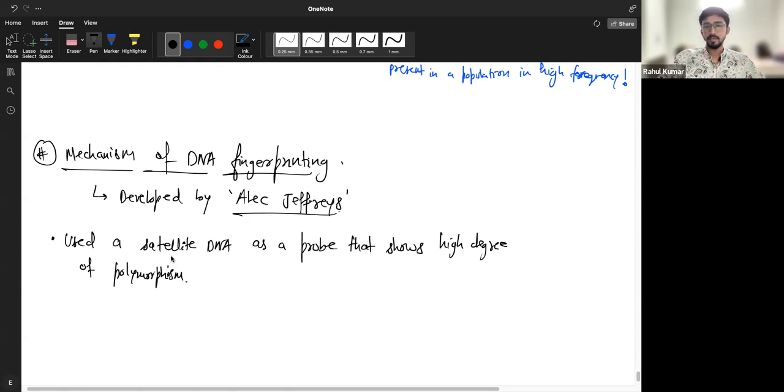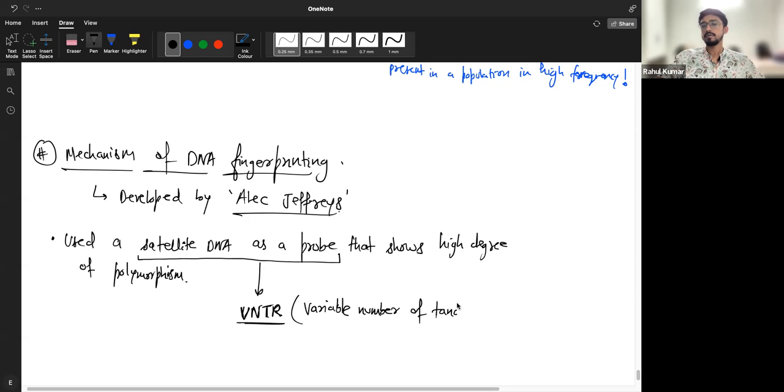And this making of a probe, a satellite DNA as a probe, is known as VNTR, because you can make it on your own. Even if you go into research, you can make your own VNTR. VNTR stands for variable number of tandem repeats.